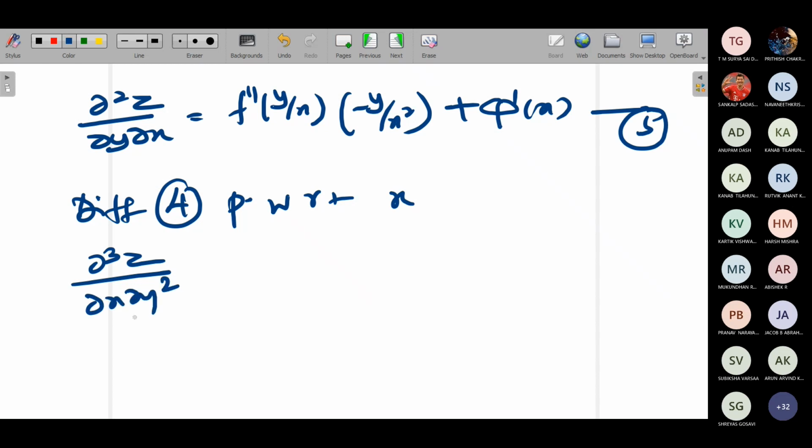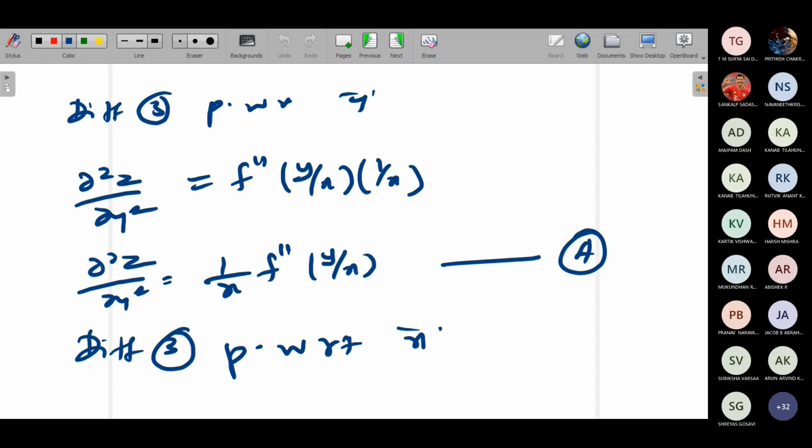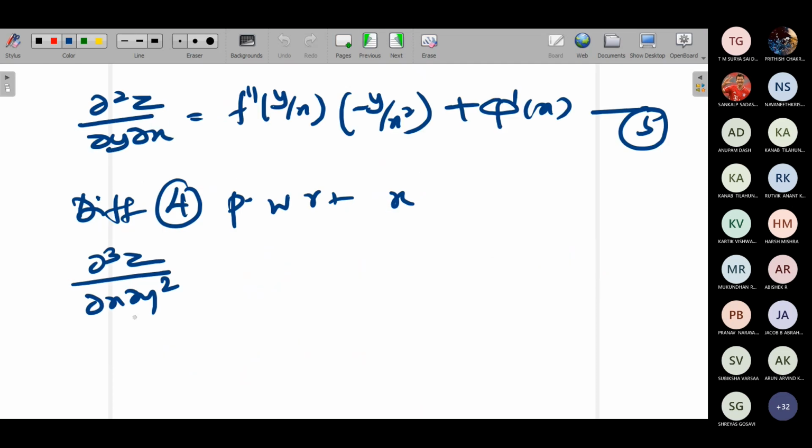I'm doing ∂²y with respect to ∂x. So when I do it with respect to x, what I'll get is minus 1 by x square into f double dash of y by x.